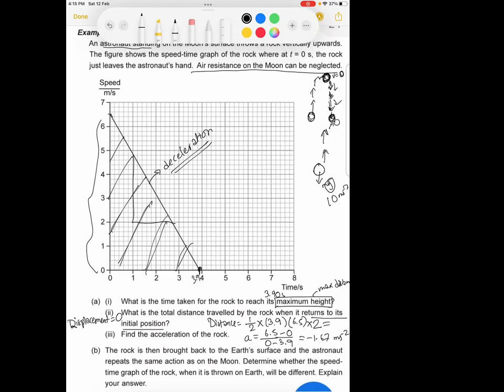But also we have to take into account air resistance, I think, because air resistance is not negligible on the Earth. So the speed of the rock will decrease at an increasing rate. So the deceleration of the rock will also increase as the speed decreases.